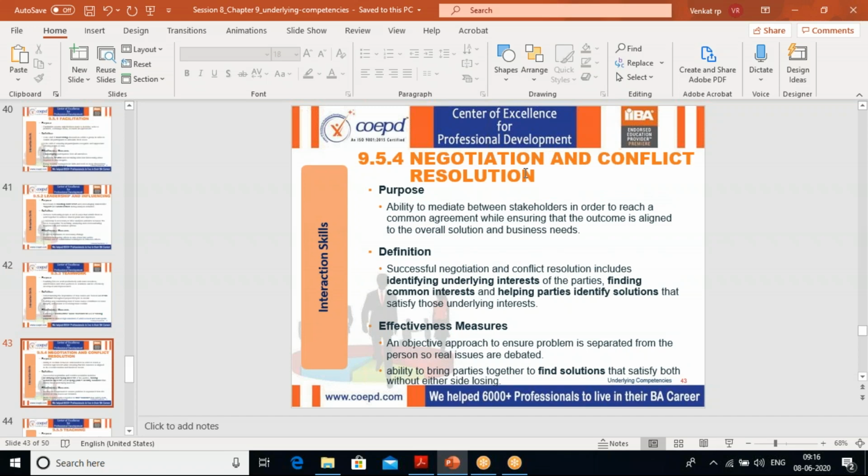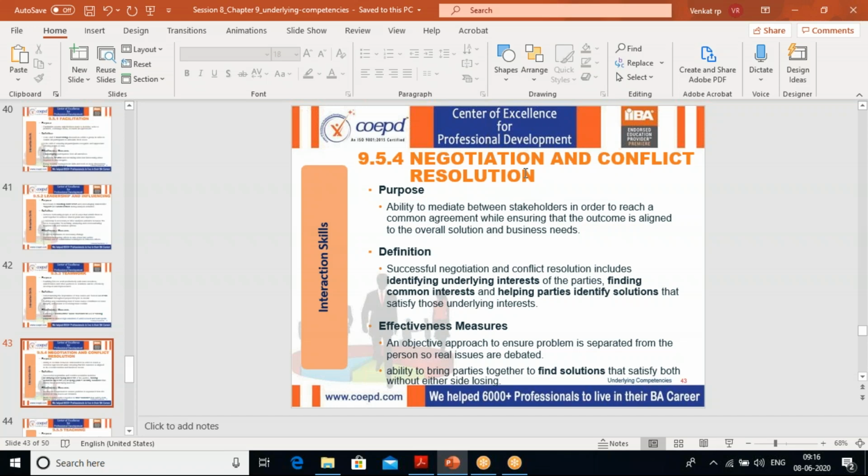And then we have the negotiations and conflict resolution. Now here, definitely, when there is a discussion on the deliverables or on the understanding, the expectation set will definitely be different from what the actuals we can make it.